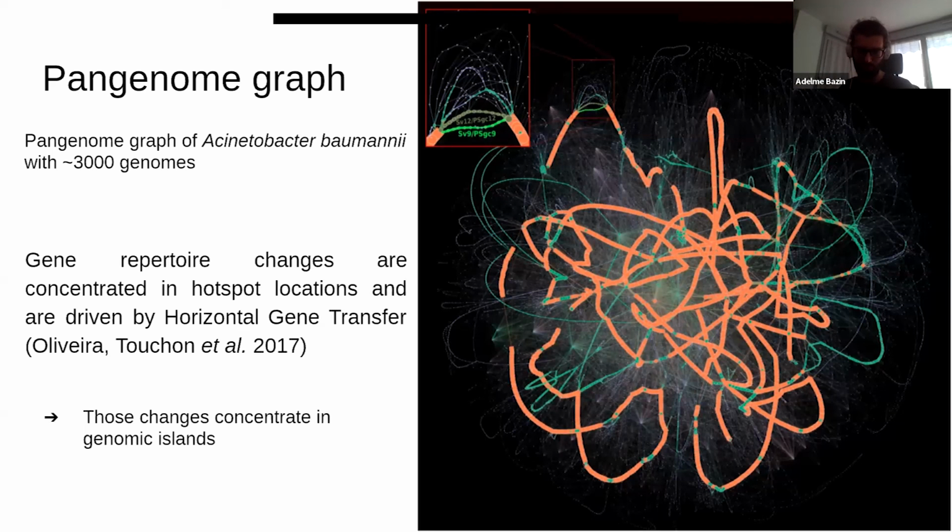We take the last question from Veronique. Did you characterize genes in different classes, persistent, shell, cloud, and for example, housekeeping genes? Where did you find them? Indeed, we tried to look at functions that we could find in the different partitions, and we expect housekeeping genes to be found in the persistent genome.